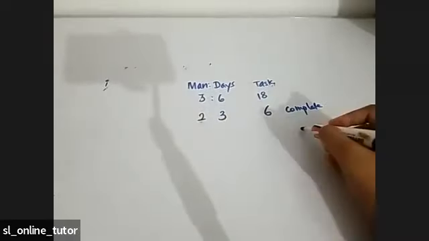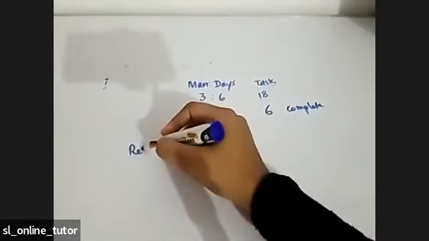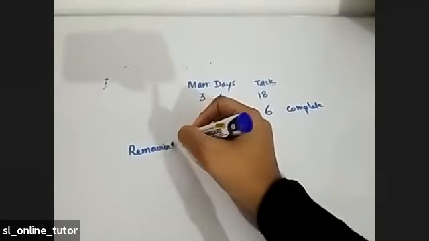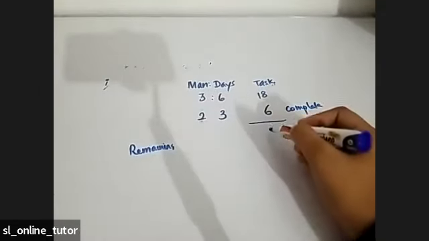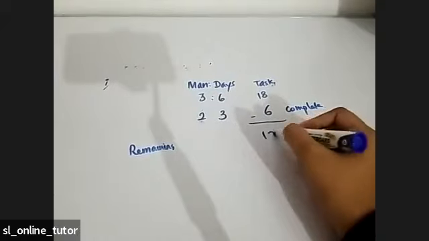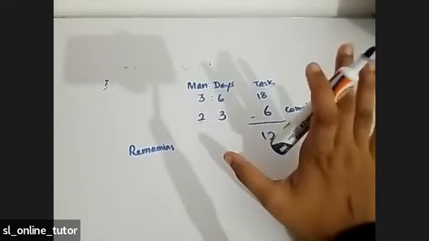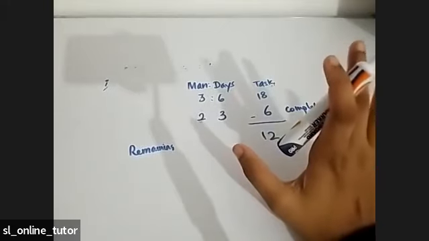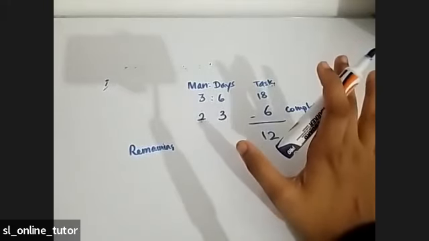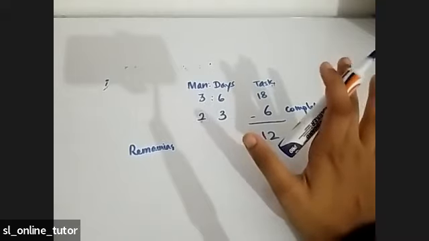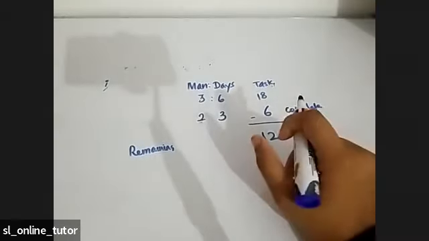Now, what is remaining? Remaining is 18 minus 6, 12. 12 is remaining. How many days in total are now needed by these 3 to complete the task?